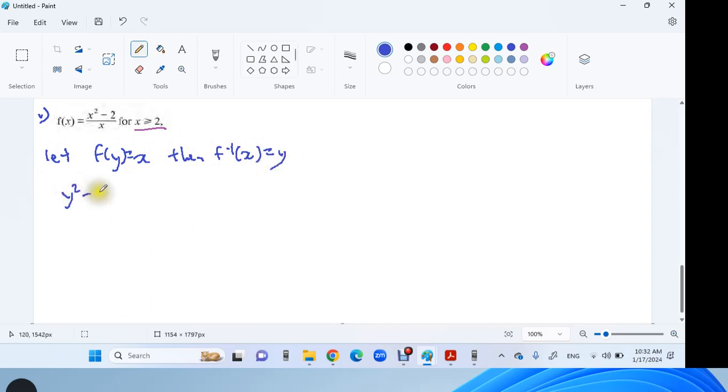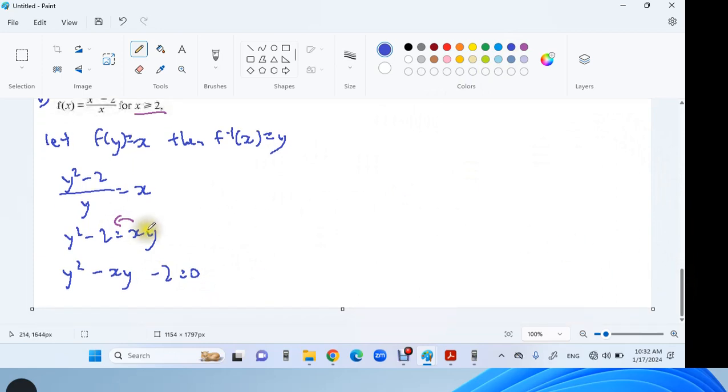Then we have y squared minus 2 over y equal to x, so y squared minus 2 equals xy. Then y squared minus xy equals 2. Then I move this in front, so y squared minus xy minus 2 equals 0.